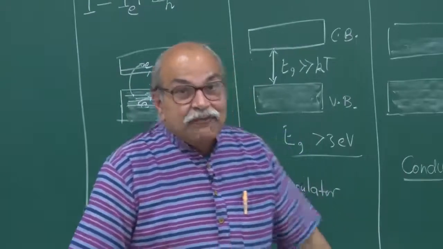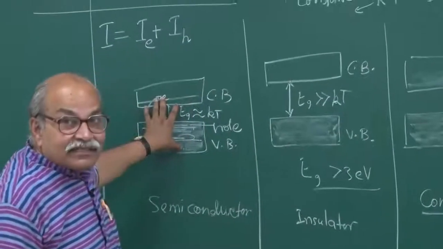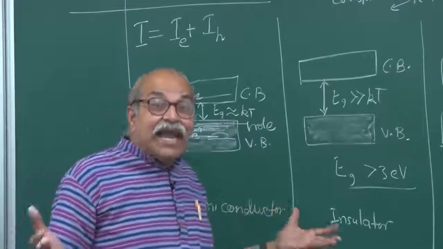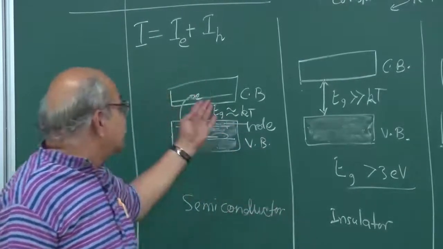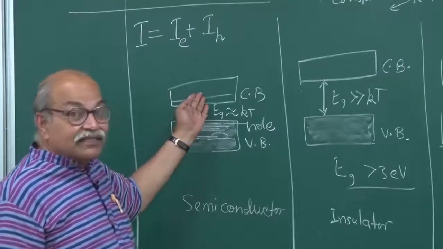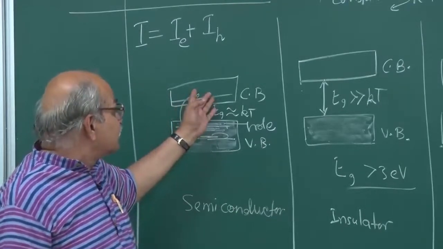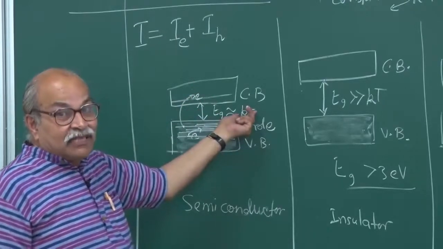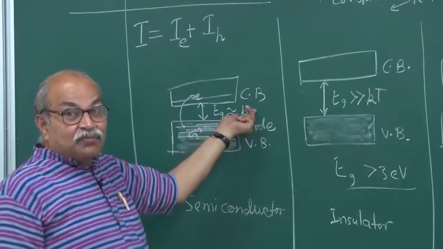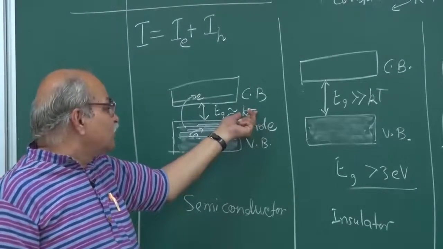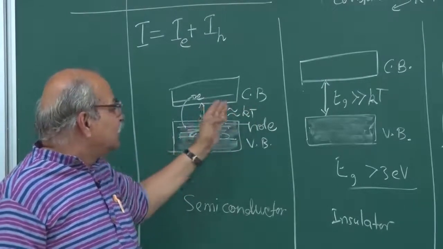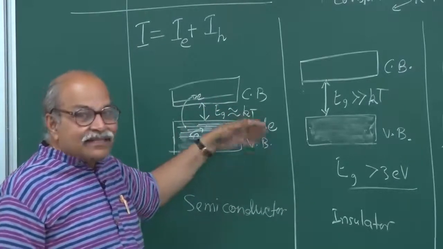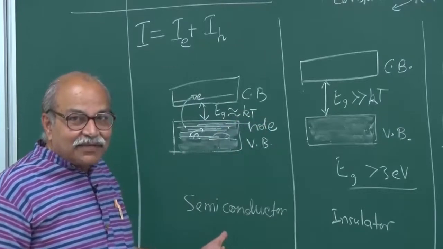But if you talk of semiconductors, increasing temperature is a big asset, because these conduction electrons, these quantum states which are filled, are there because of the temperature, because of this kT. If the temperature is more, then kT is more, and then Eg being of the order of or slightly more than kT, not very large, is satisfied even better.